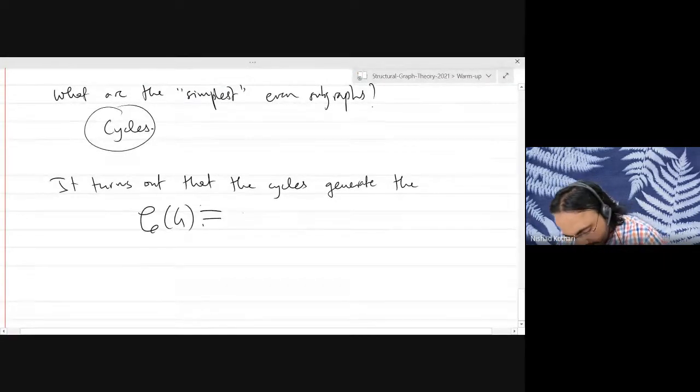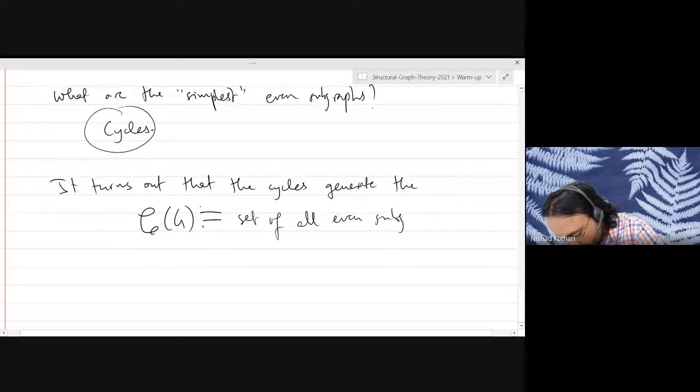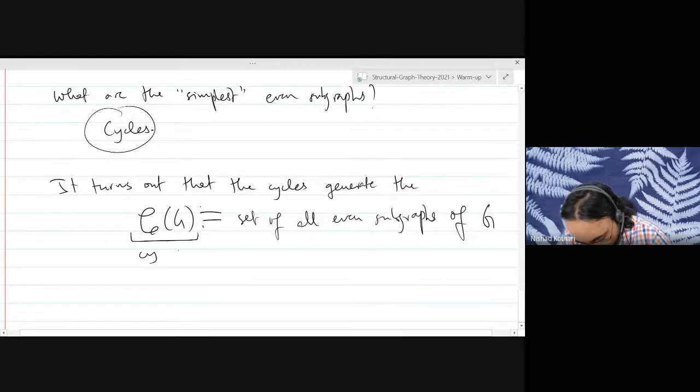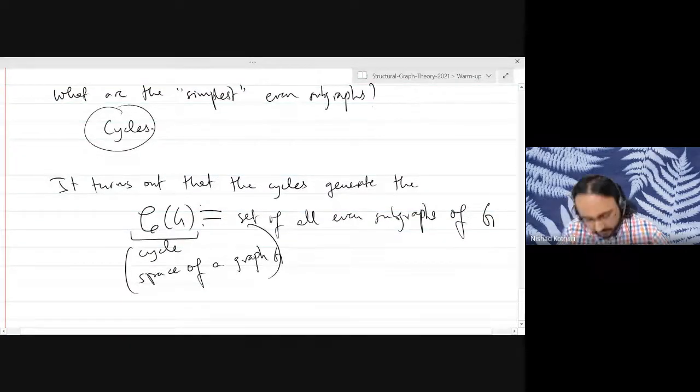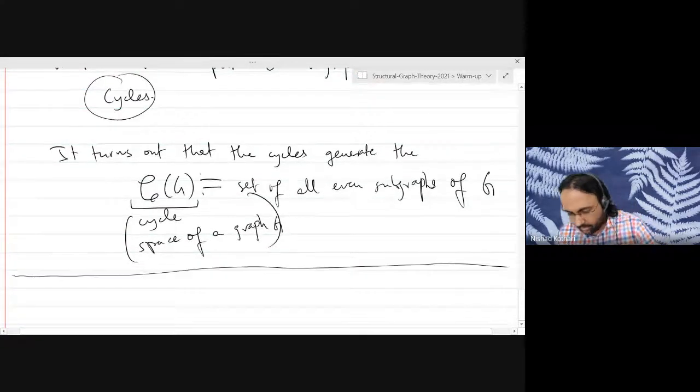all even subgraphs of G. And this is why this is called the cycle space of a graph. Okay. We haven't proved this. We are going to prove this next. Okay. So this is our goal.